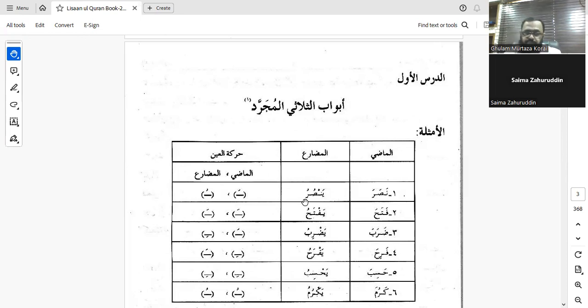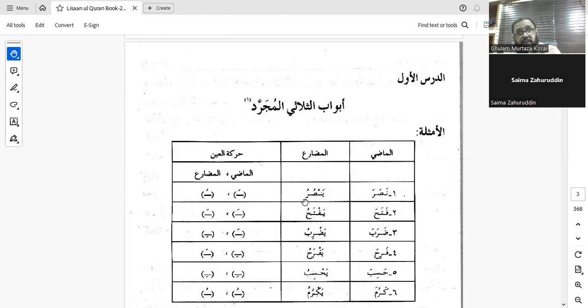Do you understand? Right, okay. It has nothing to do with abwab of thulathi mujarrad. I'm saying this zamma does not have any specific indication in abwab thulathi mujarrad, in the awzan.